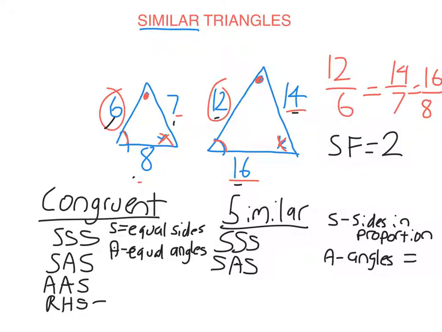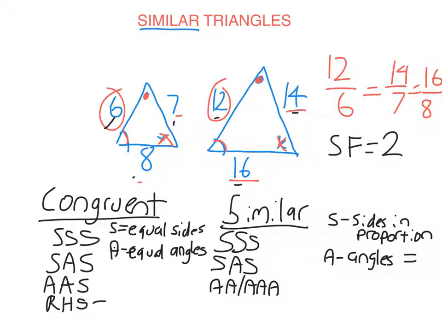Now in similarity, there's not an AAS test. You can't have just one S. You can't have just one pair of sides in proportion. But we have the AA test or AAA. If there are two pairs of equal angles for triangles, then the third pair of angles will also be equal because of the rule of 180, the fact that angles add up to 180 degrees.